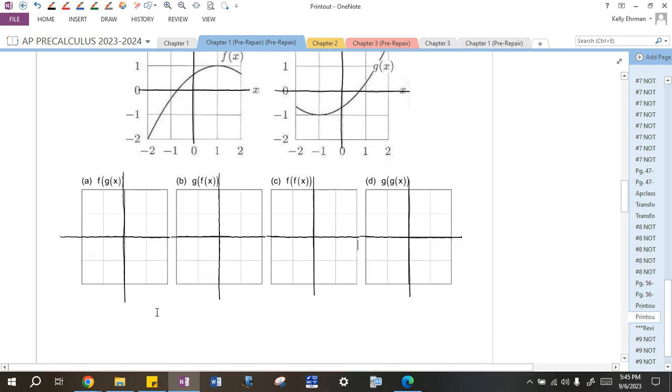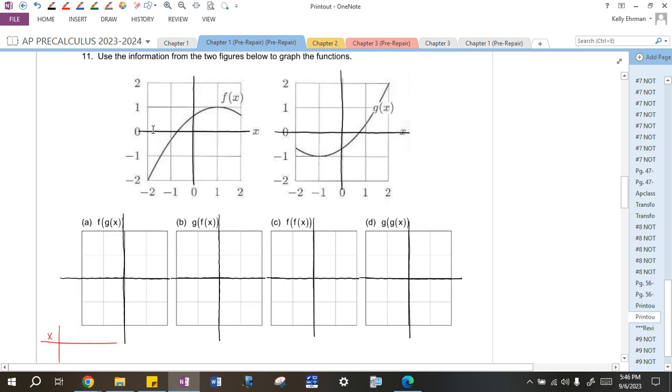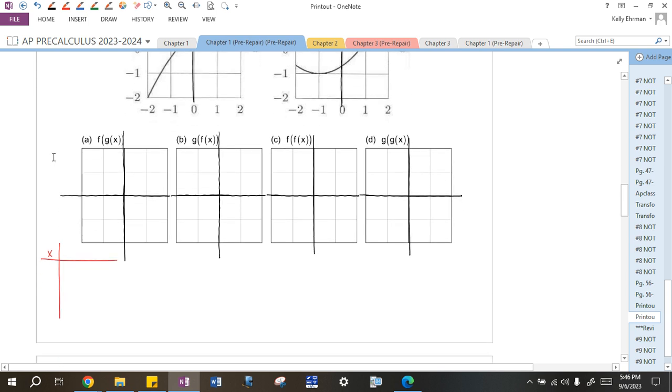Basically, I would like to make an XY chart for every single one of these. And the X values that we need to plug in range from -2 to +2. And again, the numbers are weird. We're used to seeing those numbers here. So just know they're labeled at the bottom, but this is the X and Y axis.